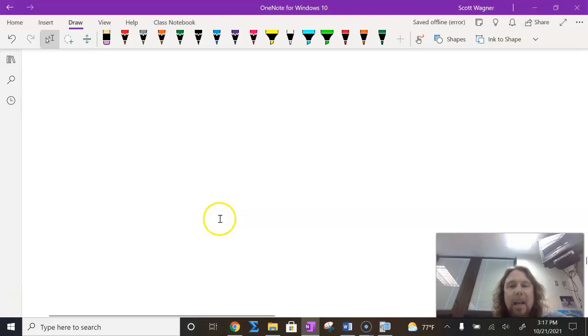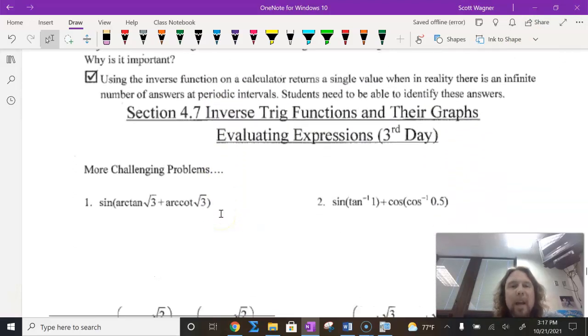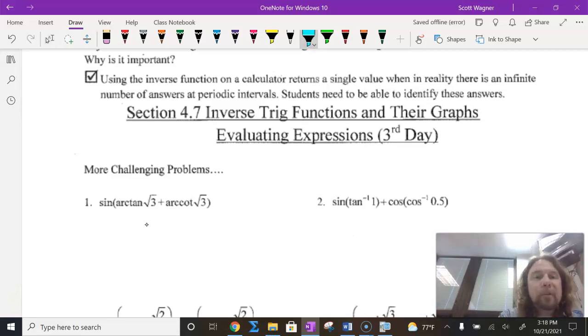And a couple other problems that we have here might be a little bit more challenging for you. So if I said the sine of the arc tangent of root 3 plus the arc cotangent of root 3 is what I'm trying to figure out. Again, work in the parentheses first. So maybe try this first little problem, the arc tangent of root 3.